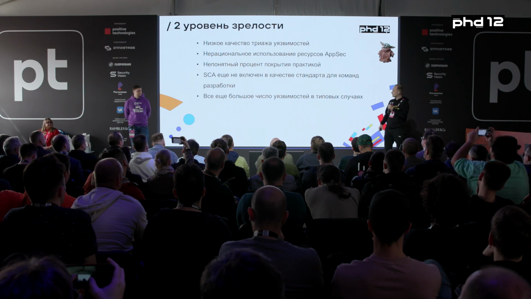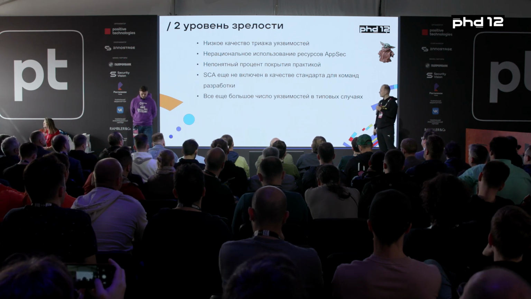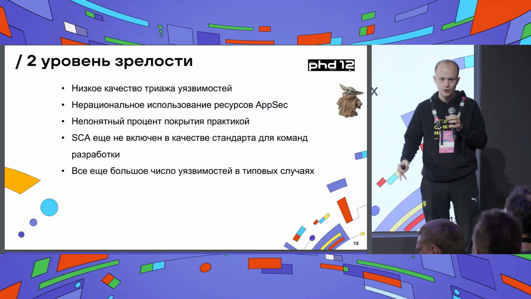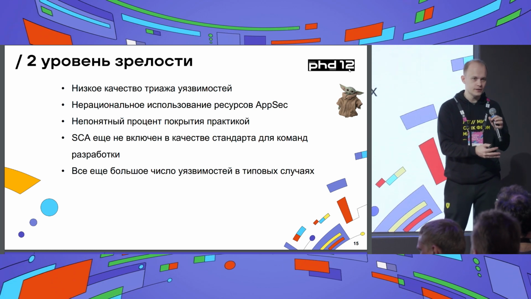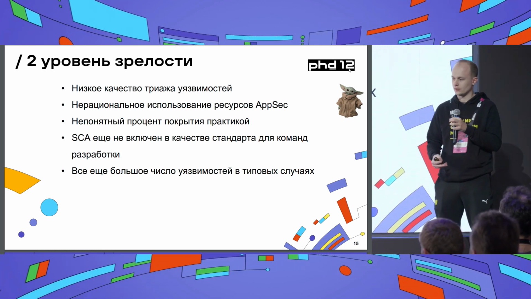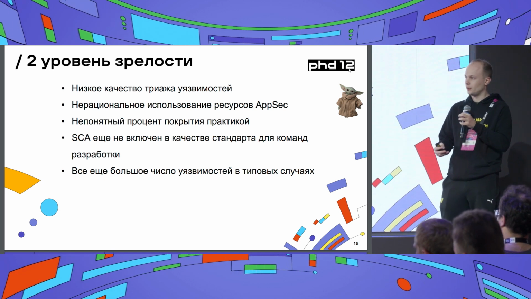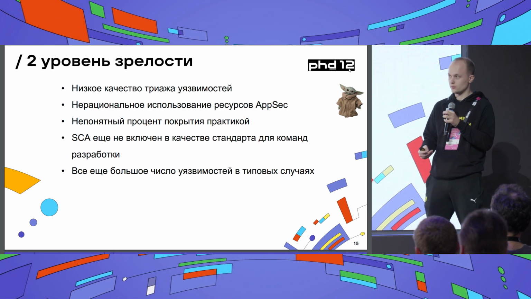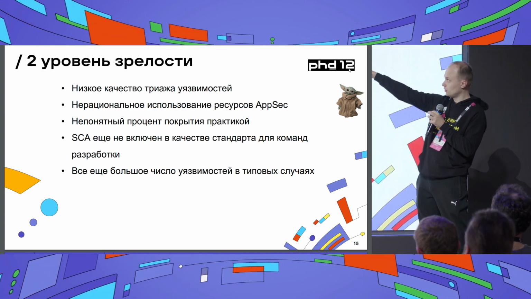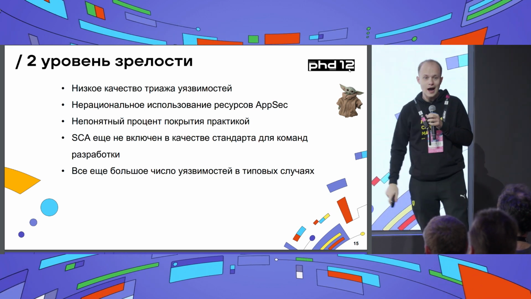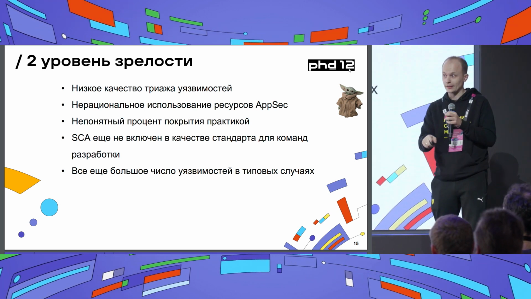But still, we see low quality of vulnerability triage. The teams do not understand what has to be fixed and what can be omitted. They come to AppSec and say, well, we have 1,000 vulnerabilities, what do we have to do? Then irrational use of AppSec resources.